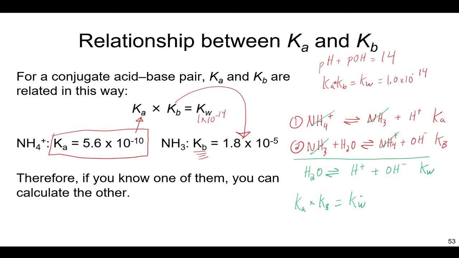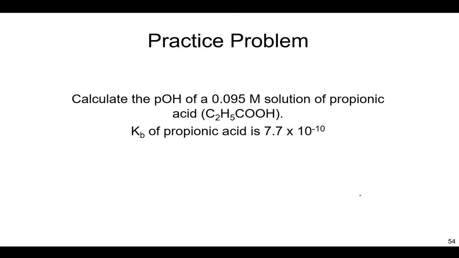Okay, so let's put some of this all together and try this practice problem here, where we calculate the pOH of a solution of propionic acid, given a Kb of propionic acid as 7.7 times 10 to the negative 10. Okay, so in these problems, we like to read through them once, which we just did, and read through them again. Identify this is probably an equilibrium type problem, right?